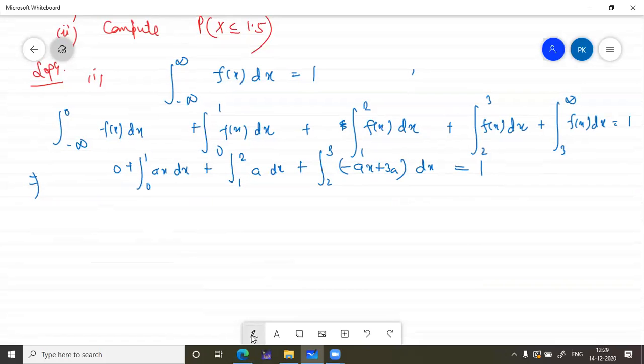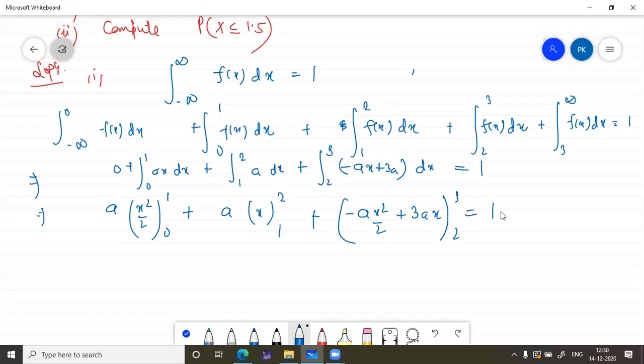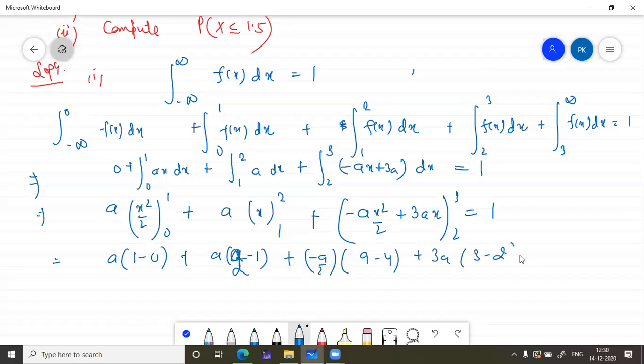So it equals a x square by 2 from 0 to 1, plus a times x from 1 to 2, plus minus a x square by 2 plus 3a x from 2 to 3, equals 1. So this is a times (1 minus 0), plus a times (2 minus 1), minus a by 2 times (9 minus 4), plus 3a times (3 minus 2), equals 1.